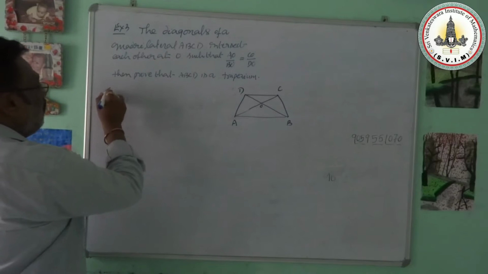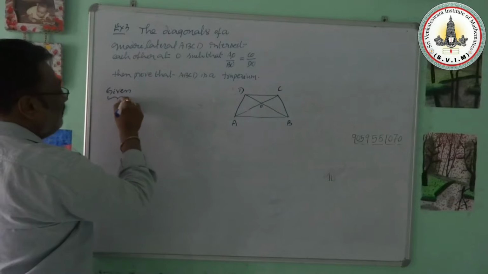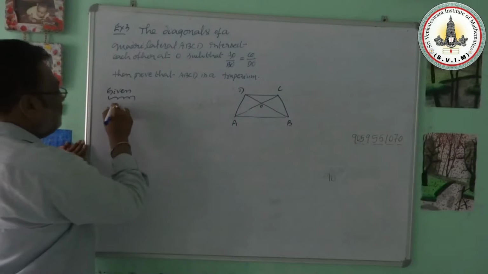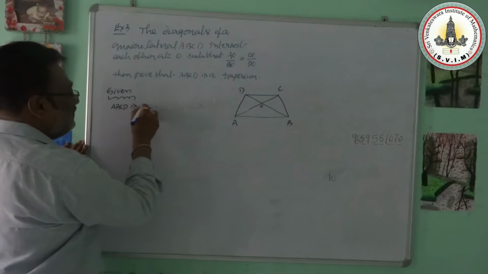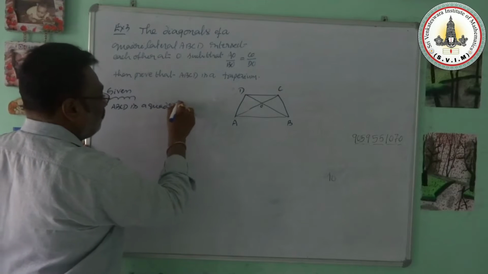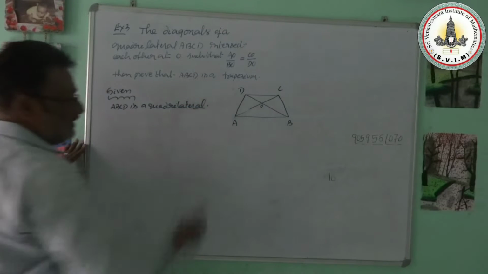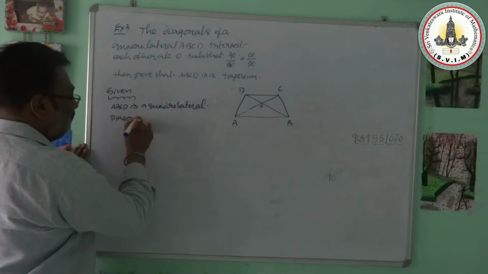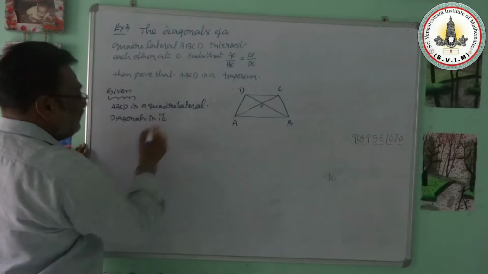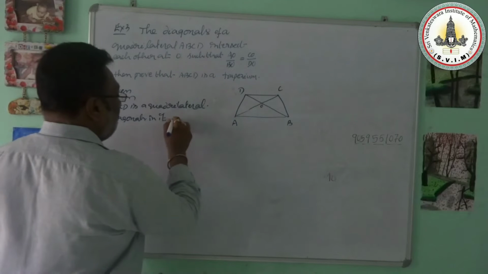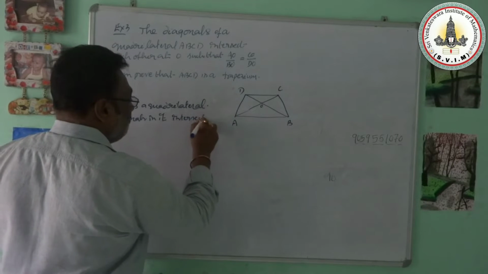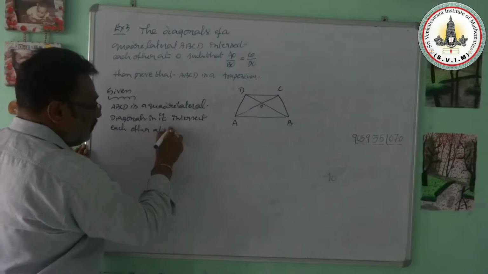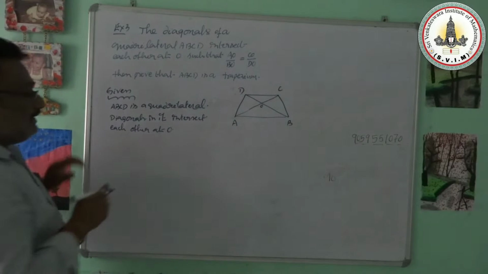So before going to prove that problem, first I am taking the given information. The first point in the given information is ABCD is a quadrilateral. Next, the second point is diagonals in it, meaning in quadrilateral ABCD, the diagonals intersect each other at O. How are the 2 diagonals intersecting?